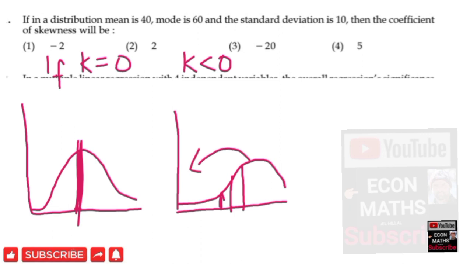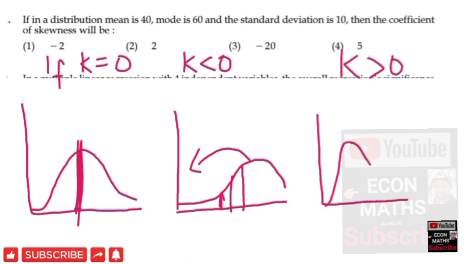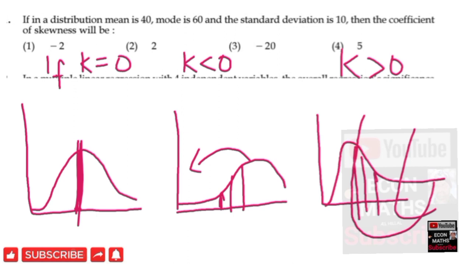If the coefficient of skewness is greater than 0, that is positive, then our distribution would look like this. It would have a tail on the right side, and our mean, median, and mode will lie on this side where the tail exists.